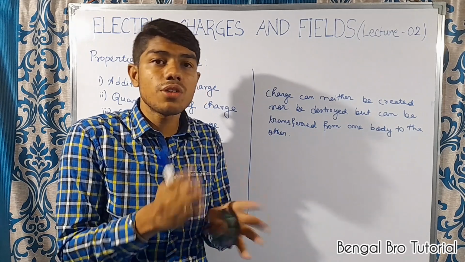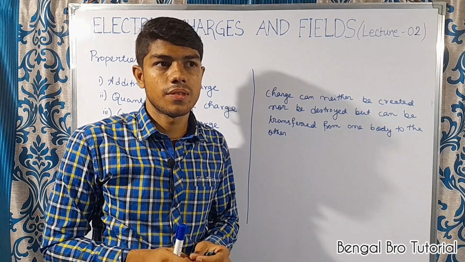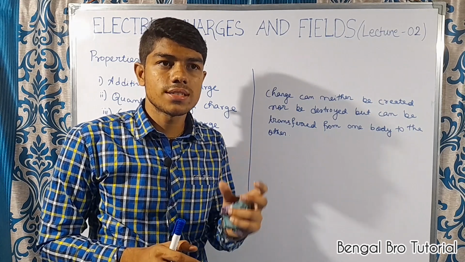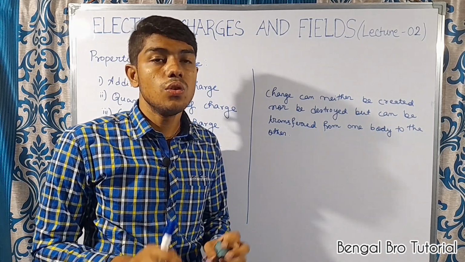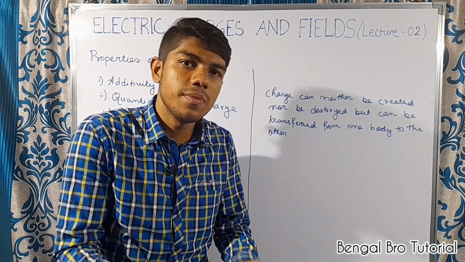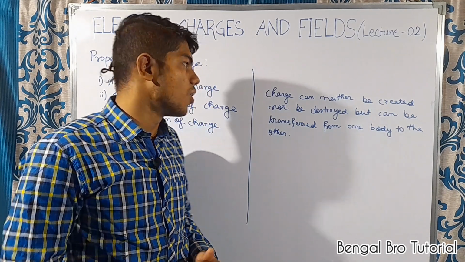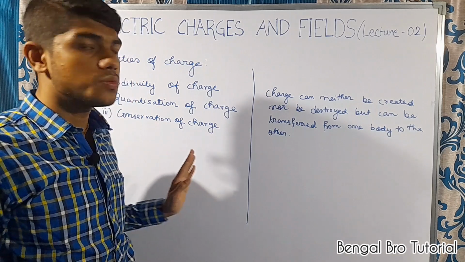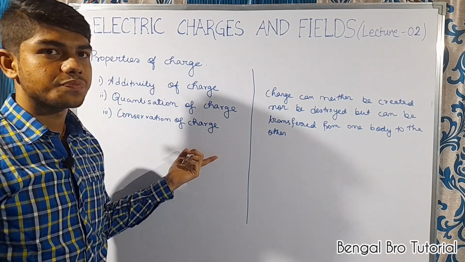Only there is transfer of charge from one body to the other, which causes a net charge in both the bodies. So the total charge of the two bodies will remain the same even after the two bodies are charged. This is the meaning of the third property of charge, which is called the conservation of charge.